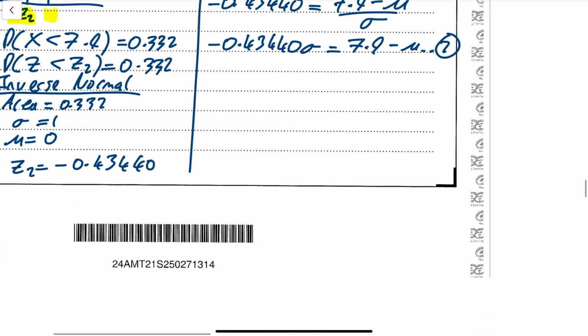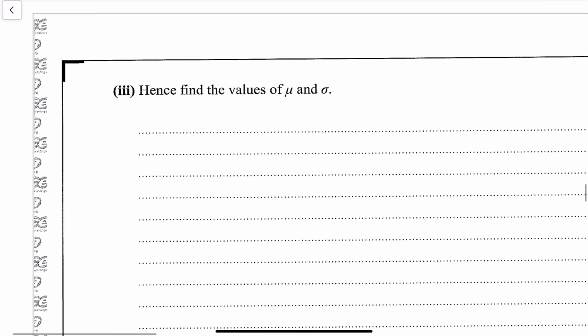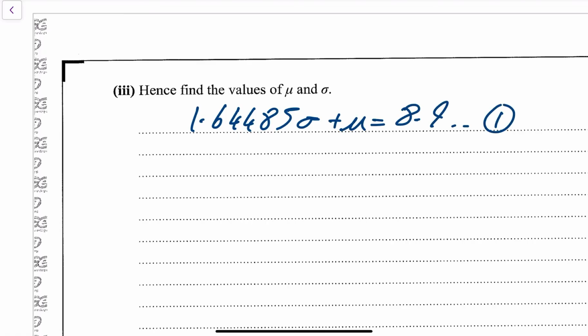You know what's coming. So we write down our two equations again, but what I'm going to do here is write my equation, bring the sigma and the mu both over to the one side. I'm going to use my new function on my calculator, to solve simultaneous equations.